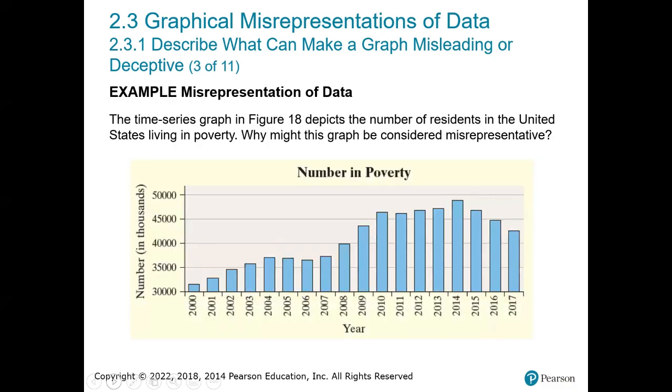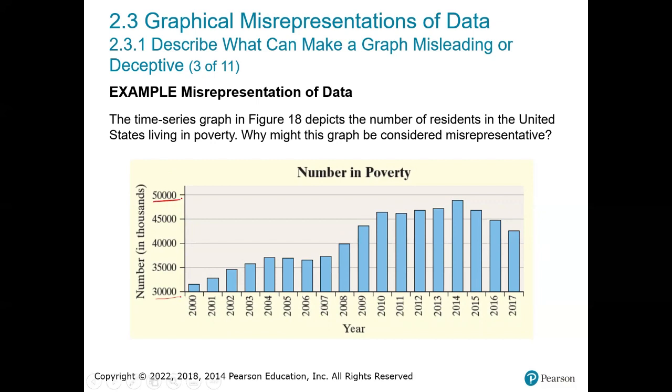All right, so here's what I'm going to show you. This is a bar graph of the number of people in poverty in the United States for different years. Okay, so if I just look at this graph, don't look at anything else, it looks like here it was really low and it's grown so much. But if I look here, it says this is 30,000 and this is 50,000.